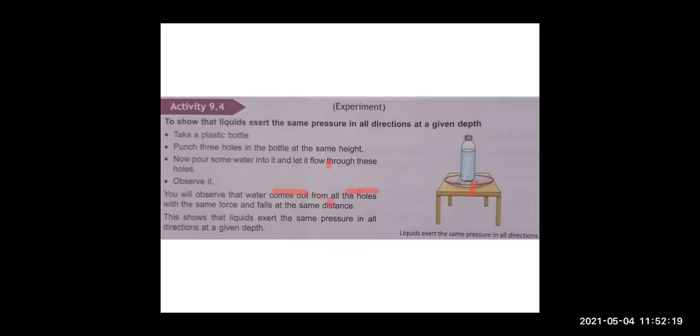So you will see that the water is falling down with the same force, and it is falling at the same distance. Suppose the distance at which the water is falling is 3 centimeters. So 3 centimeters far it falls on the right side.